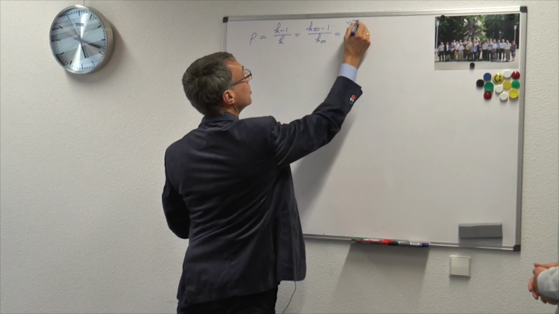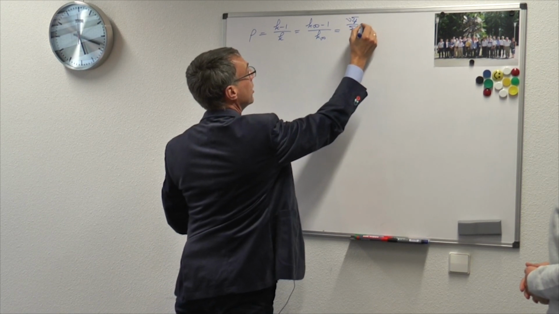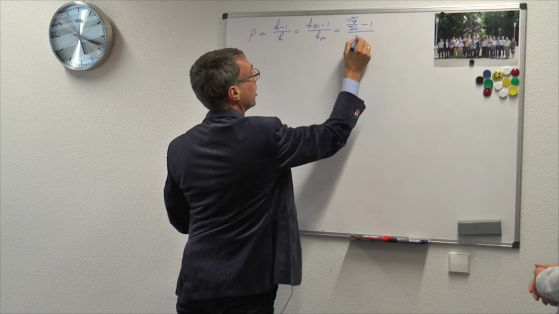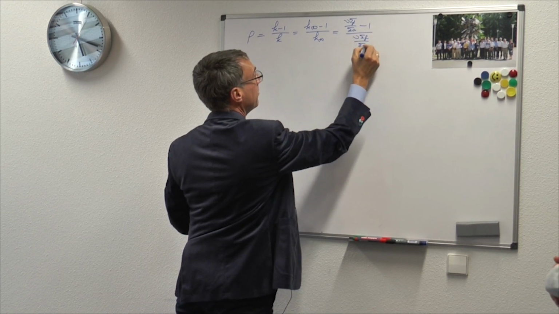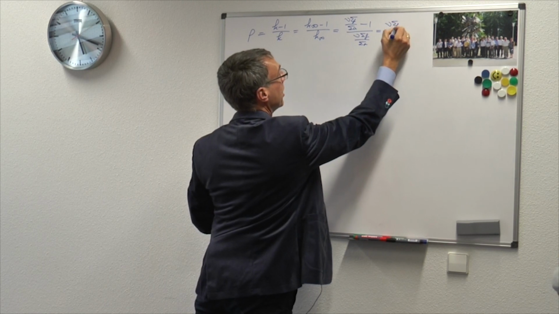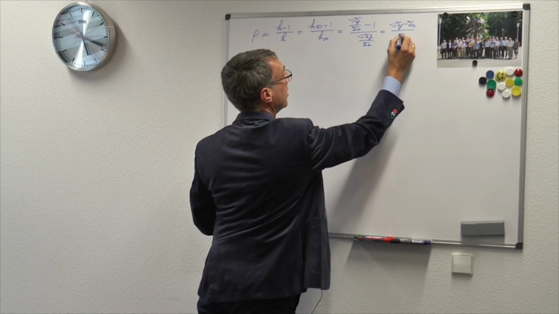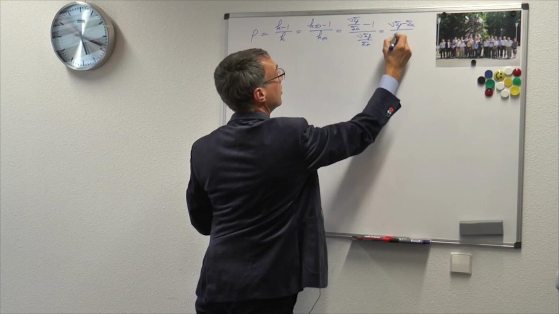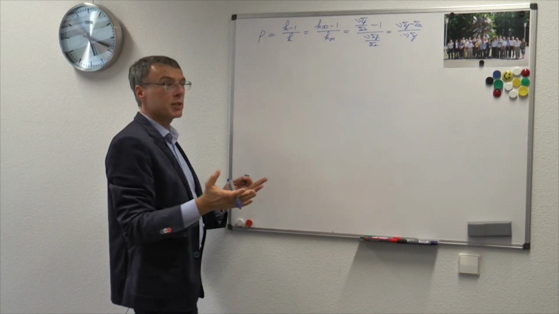So this is nu sigma f divided by sigma a minus 1, divided by nu sigma f divided by sigma a. So this is nu sigma f minus sigma a divided by nu sigma f. Well, what is now the maximum value?